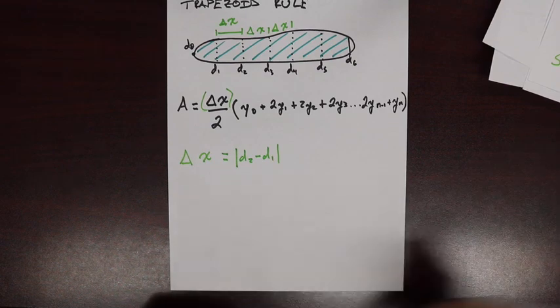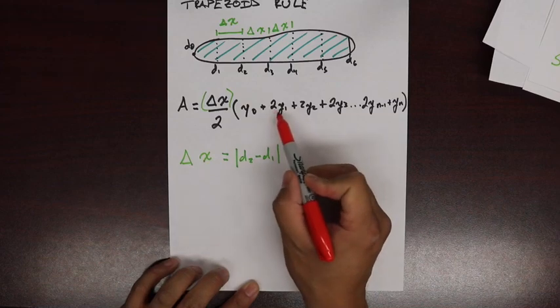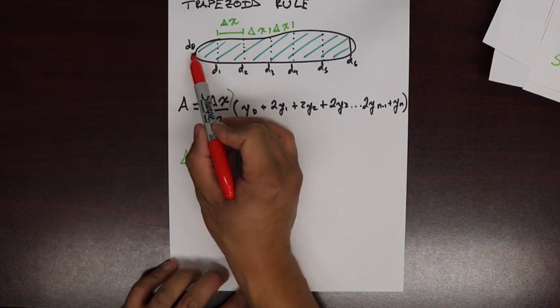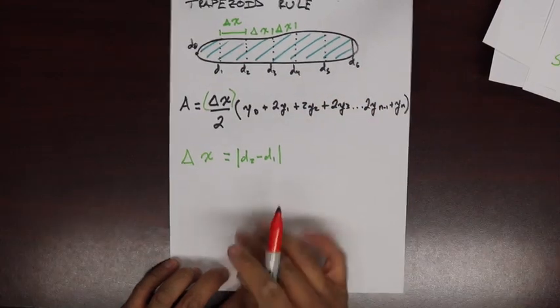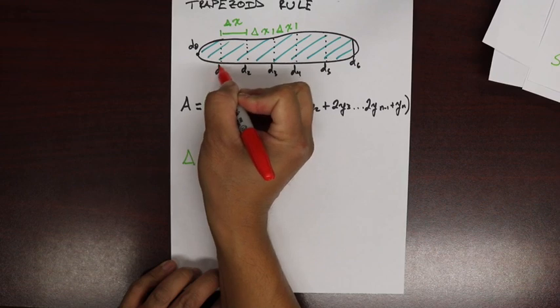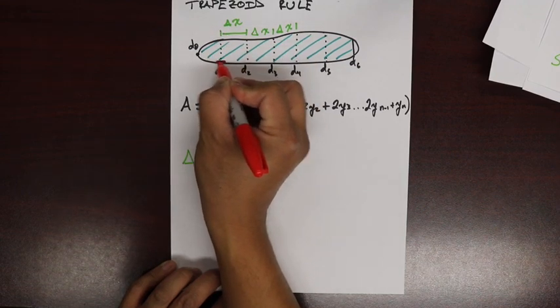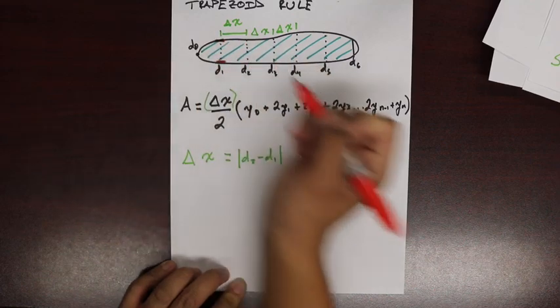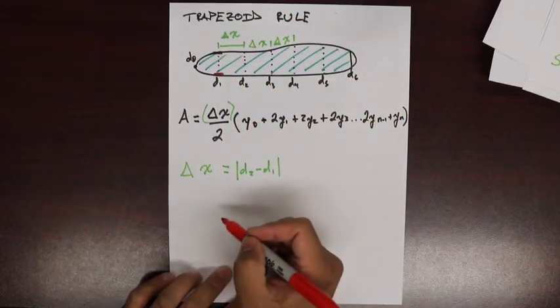Now what does this mean, right? When we come over here, you've got y0, y1, y2, and I even wrote it up here, d0, d1, d2, d3, d4, d5, d6. What we're saying is that this line right here, from this point to that point inside of this space, is going to have some kind of length.